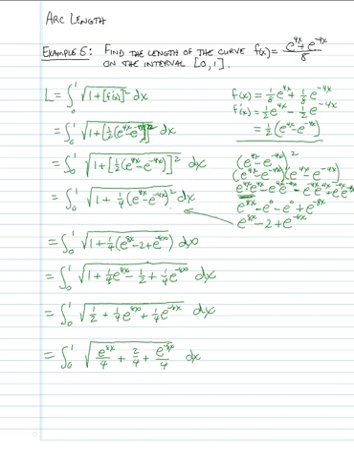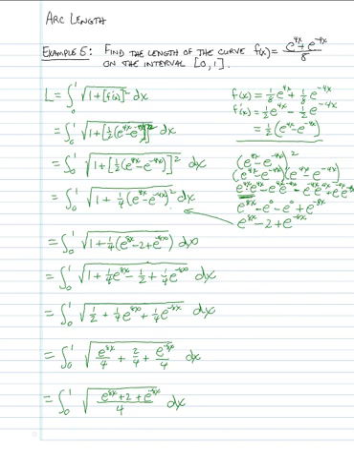Now, this may seem strange, the reason I've done it this way, but I think you're going to see something that happens next. For the integral from 0 to 1 of the square root of something that is a fraction now that has a denominator 4. And the numerator is e to the 8x plus 2 plus e to the negative 8x with respect to x.